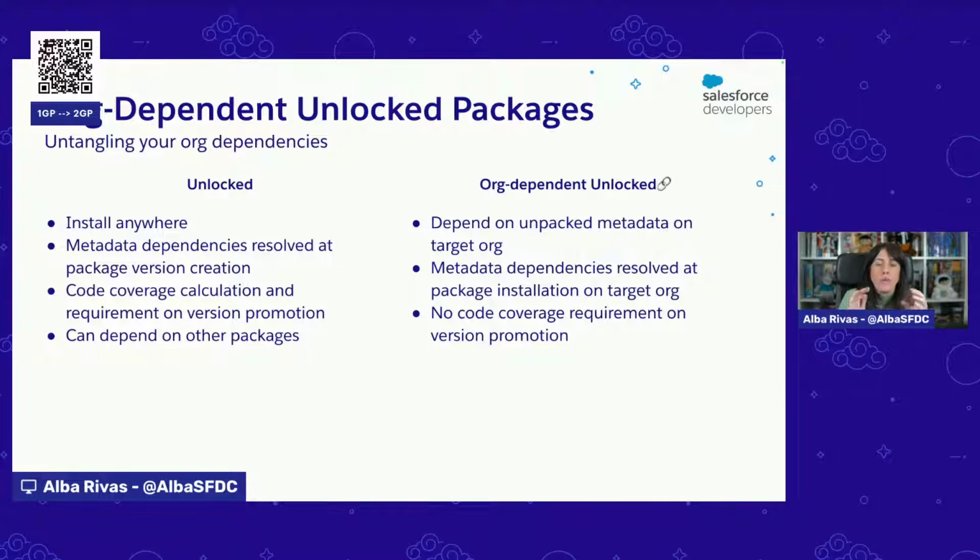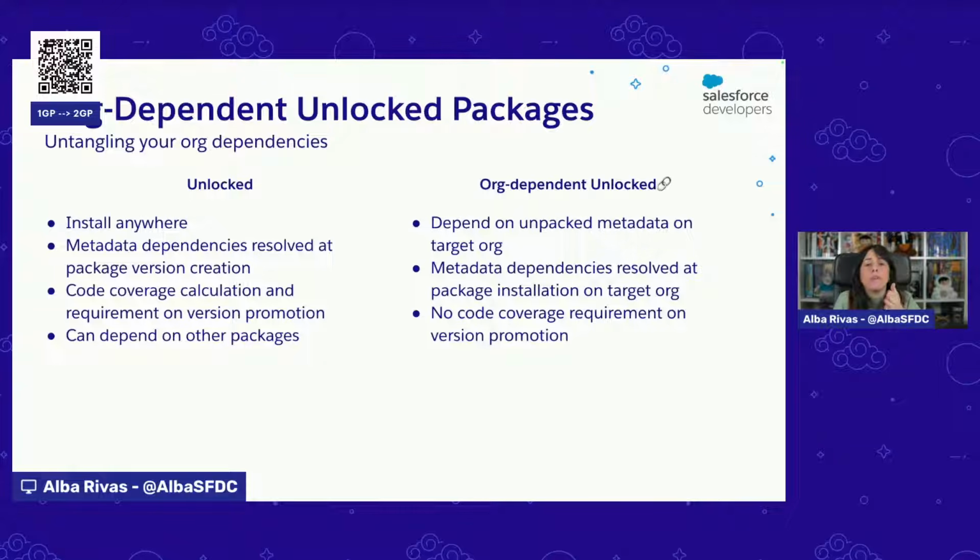That way, we can depend on metadata that exists in that org without having to make our package self-deployable, right? So it can be an option to also do that migration step by step.